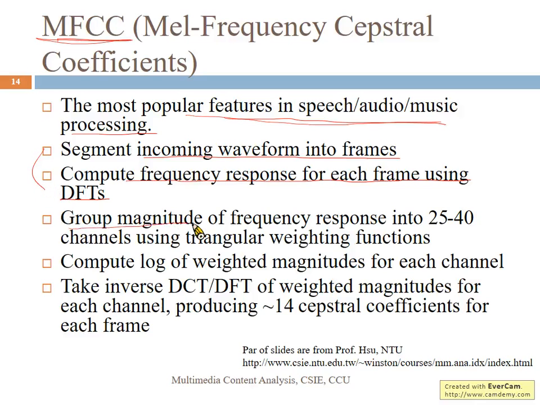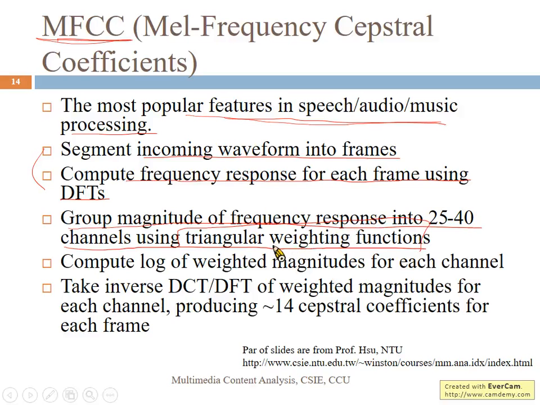And then we group the magnitude of the frequency response into 25 to 40 channels using a triangular weighting function. That means we divide the frequency domain into 25 to 40 frequency bands according to a predefined triangular weighting function.